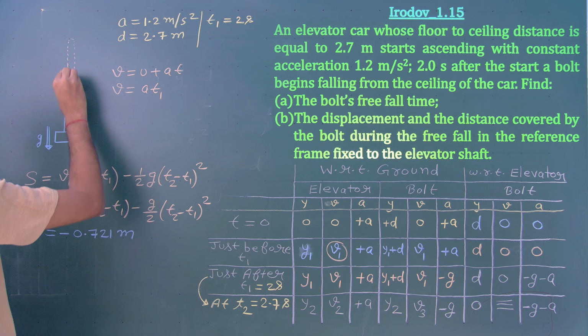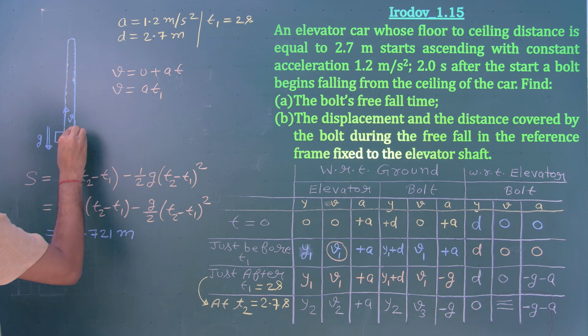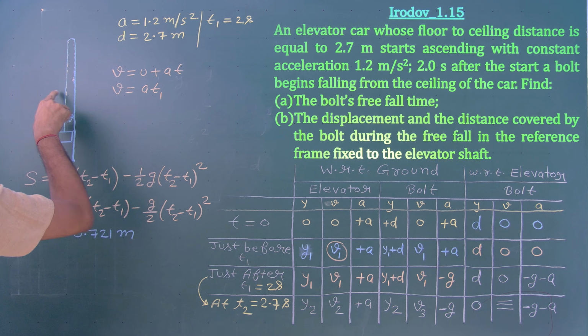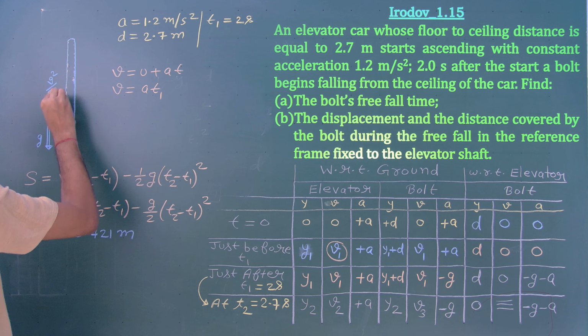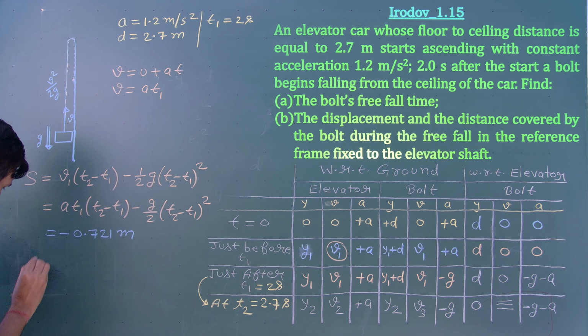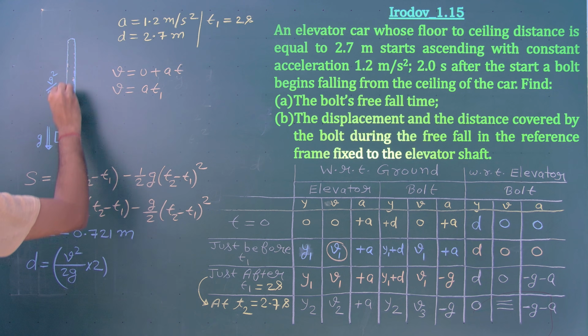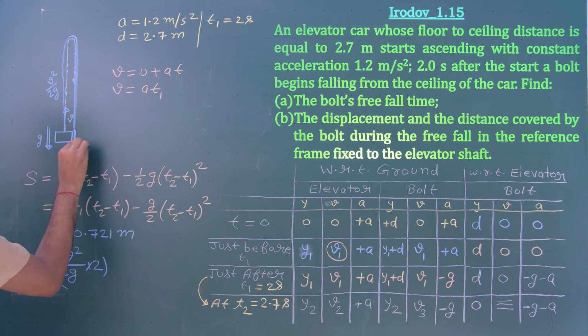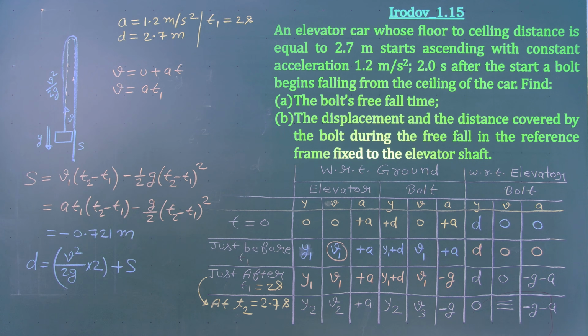Distance is this length plus this length plus this length. This length is v square divided by 2g. So the distance is v square by 2g, this distance, again v square by 2g, this distance, and this is the displacement S plus S. So this is the distance.